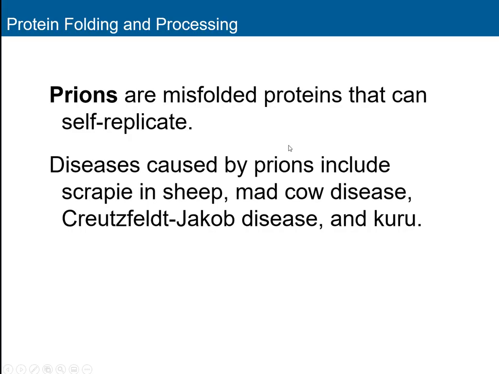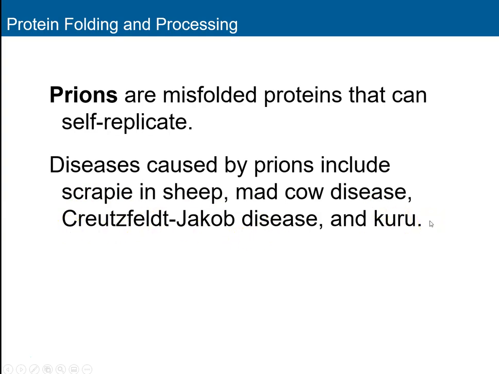Also, something that's associated with misfolding of proteins is something called prions. These are not living things themselves, but they're misfolded proteins that can self-replicate. And they also induce other proteins to misfold as well. Some diseases that are caused by prions: mad cow disease, and another called scrapie in sheep, Creutzfeldt-Jakob disease, Kuru.